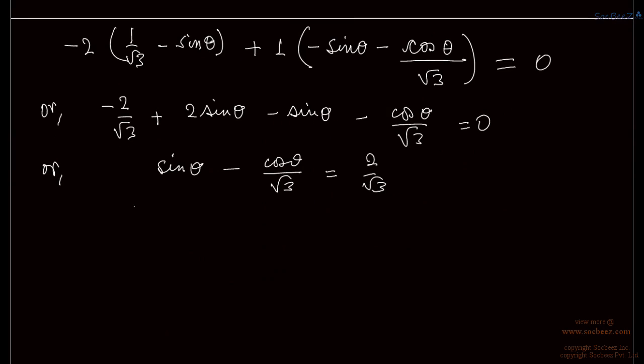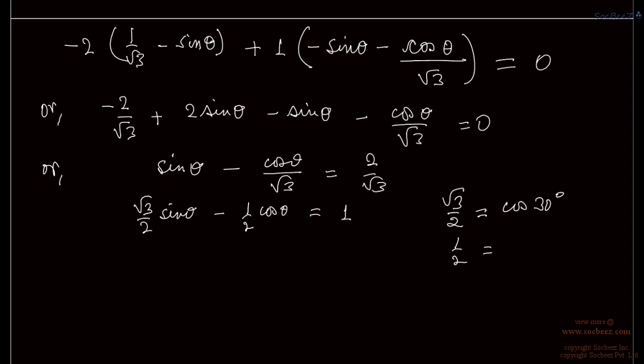Multiplying both sides by root 3 upon 2, we have root 3 upon 2 sin theta minus half cos theta is equal to 1. So root 3 upon 2 can be written as cos 30 degree, isn't it? And half can be written as sin 30 degree.